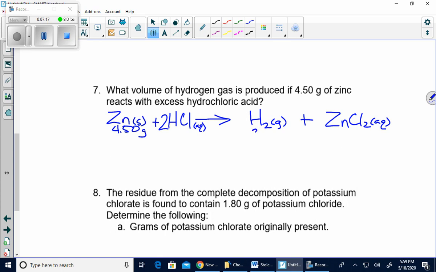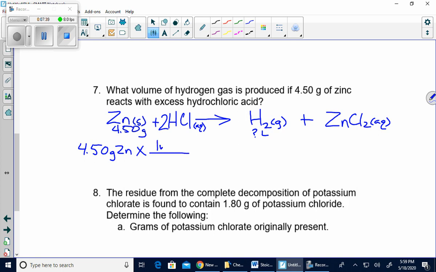All right, now. So this time, I'm going from mass to volume. Going to start the same way. Step 1, balanced equation. Check, did that. So now I'm going to take my 4.5 grams of zinc and convert that to moles.